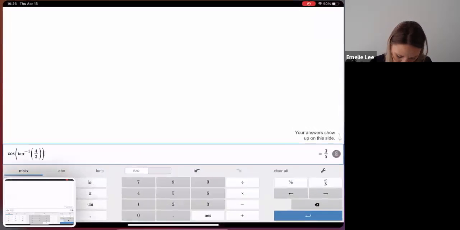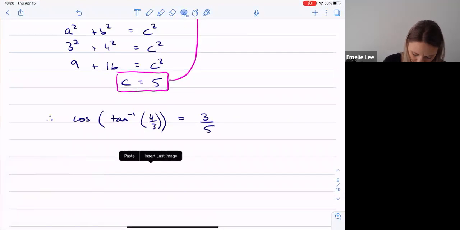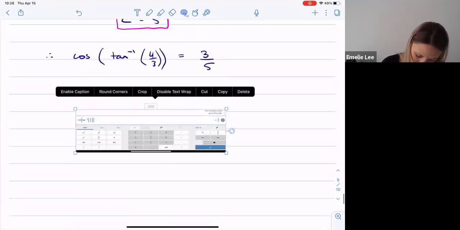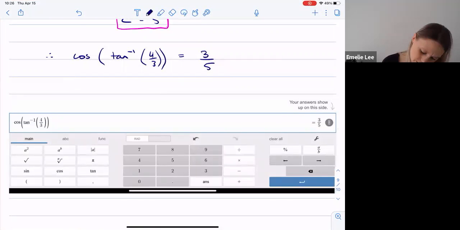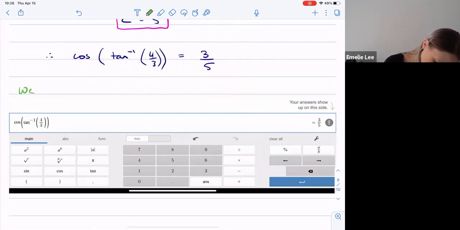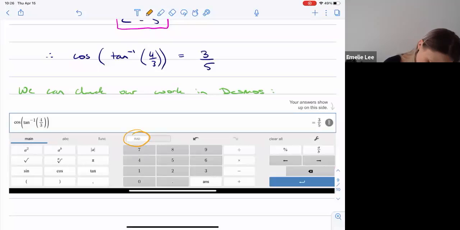I'm going to copy that into our notes and crop it. We can check our work in Desmos. One thing I need you to make sure of is that it must be in radian mode.